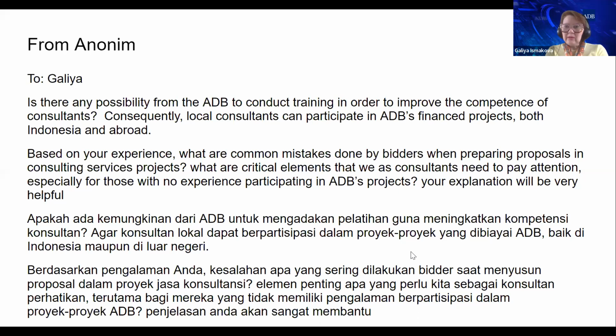Like, for example, when you receive the evaluation criteria, and there are 1,000 points, and you do not include the CV of an expert, which can potentially gain you up to 100 points, you are a loser.